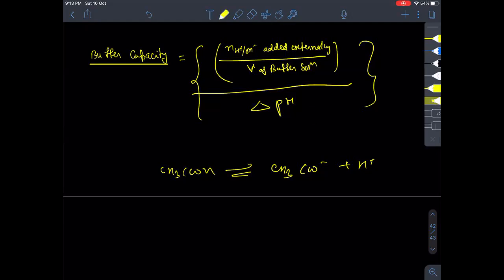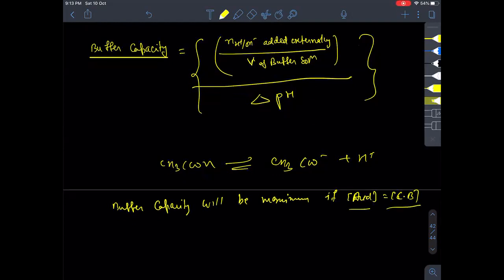Right? So buffer capacity will be maximum if the concentration of acid and that of conjugate base are equal. Under that condition, you will get that.